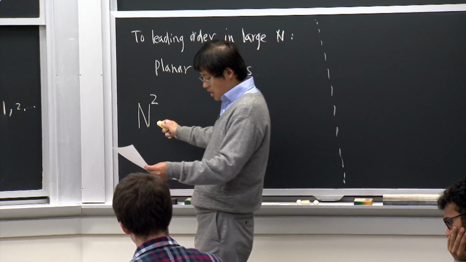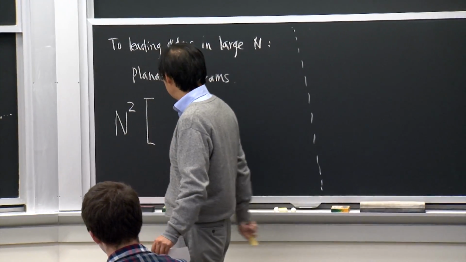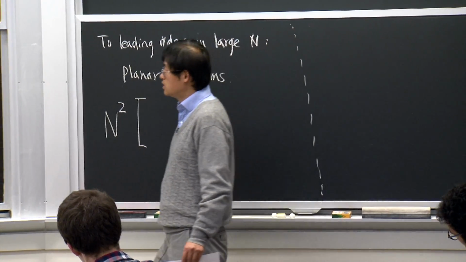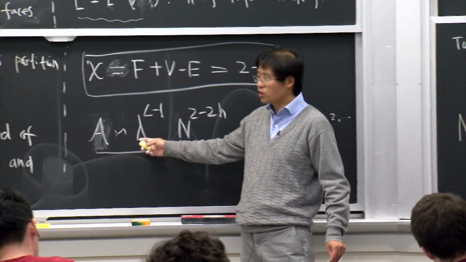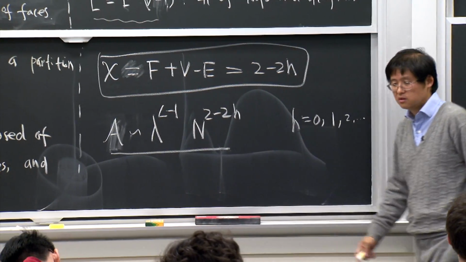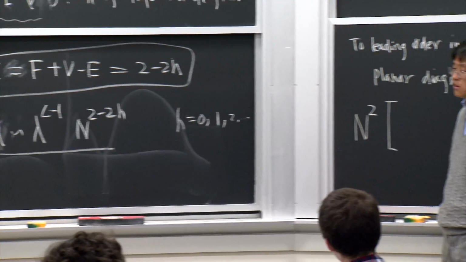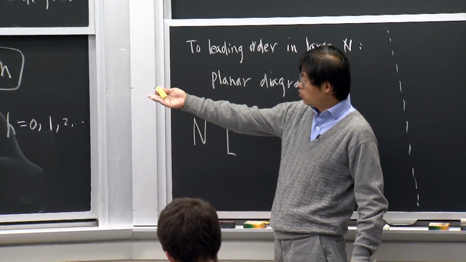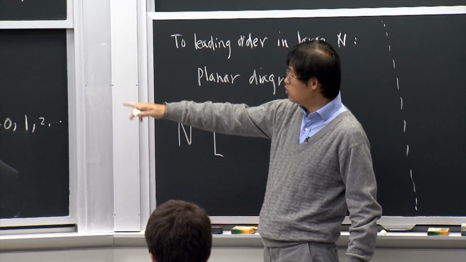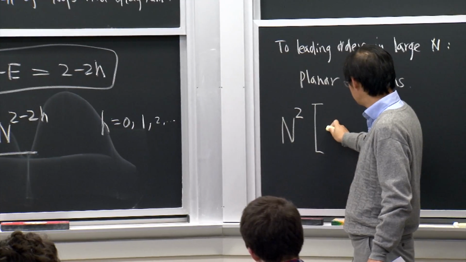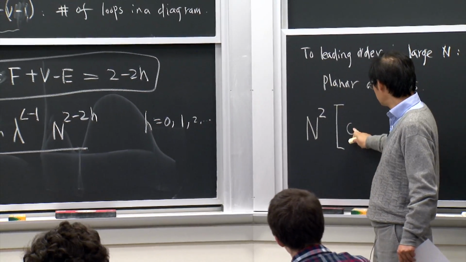And then you still have an expansion in terms of lambda. So you can do Feynman diagrams, etc. Lambda just depends on the number of loops. If you have one loop, then you start with lambda to the 0, some constant.